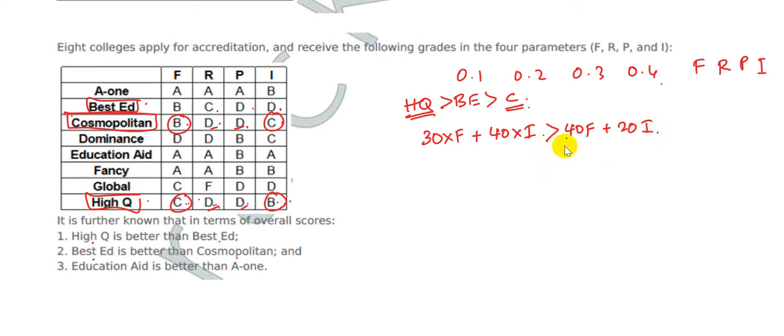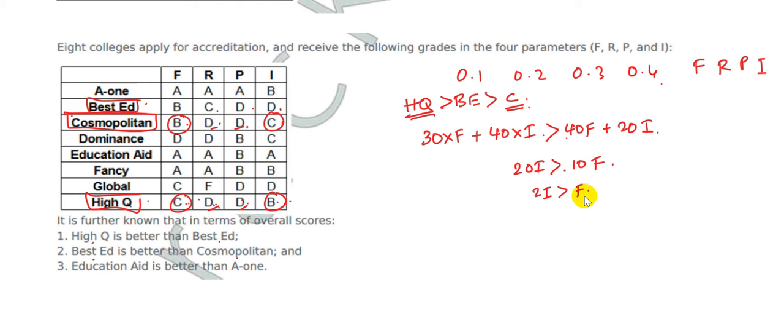So that means 20I is greater than 10F. So that means 2I is greater than F, right? So this is what we are getting from this comparison.